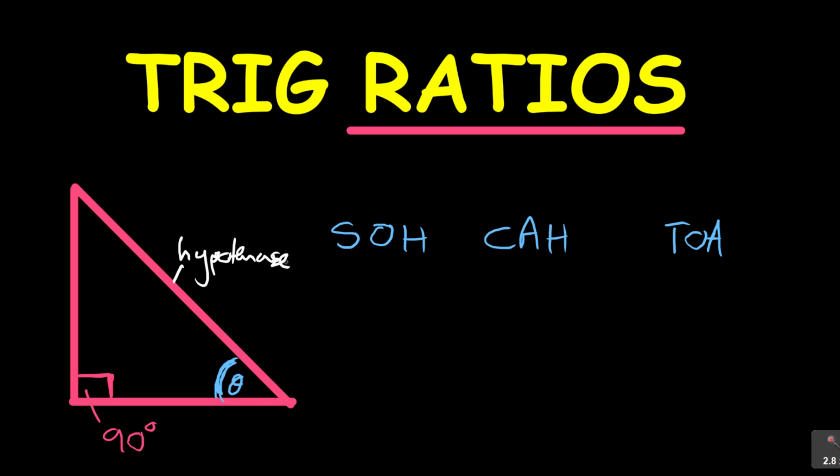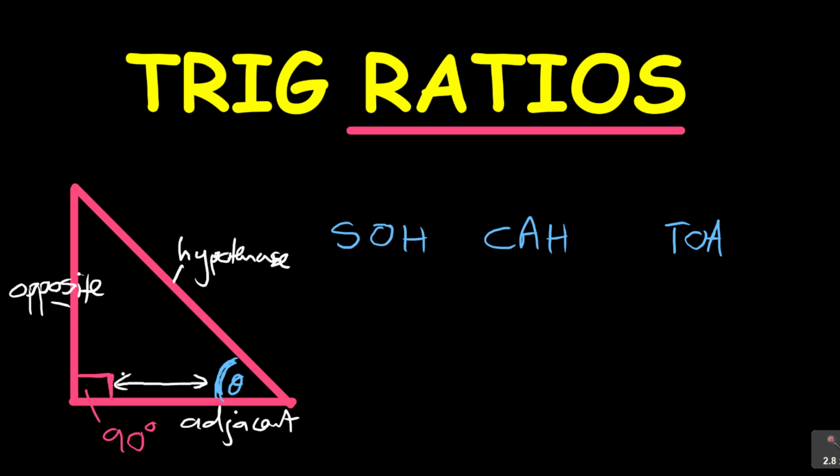The side between the 90 degrees and the angle is the adjacent, and the other side automatically becomes the opposite side. These are the three sides of a triangle which you definitely need to know.